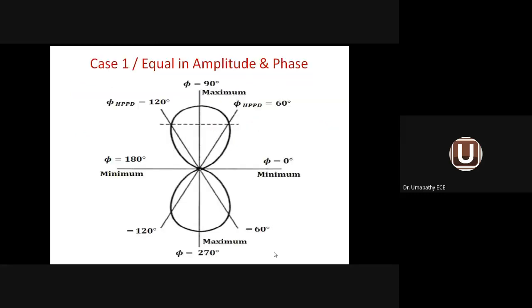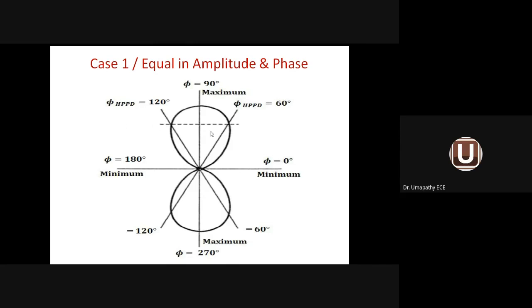Then I go to the diagram and see the maximum direction. Phi equals 90 degrees, phi equals 270 degrees. The maximum direction is perpendicular. Minima direction: phi equals 0 degrees, phi equals 180 degrees. Half power points, plus or minus 60, see, this is positive, this one is negative, plus or minus 120.